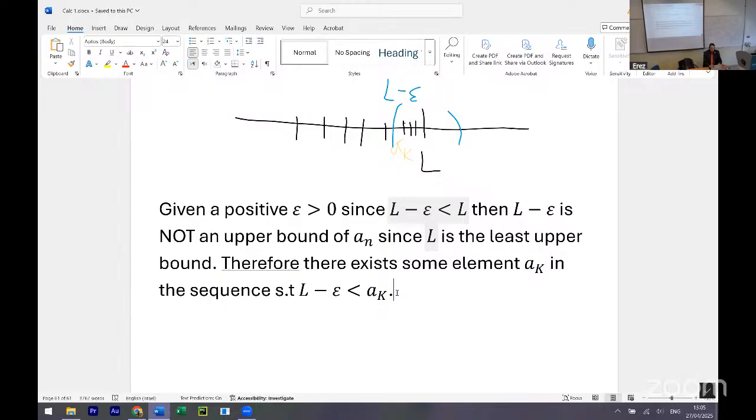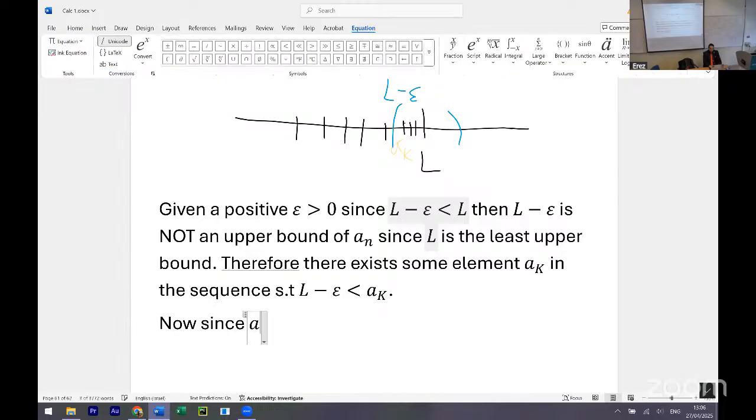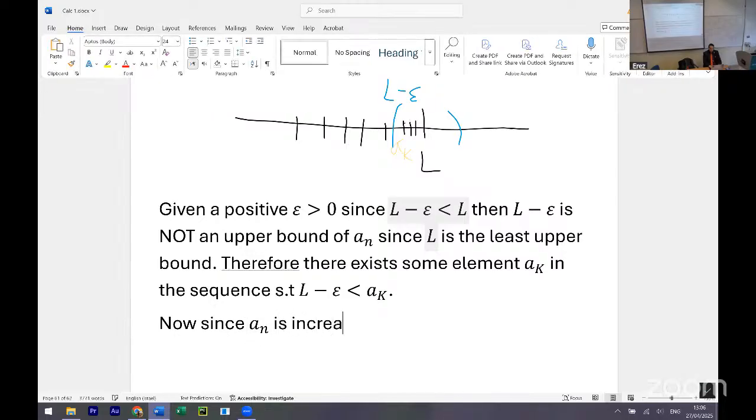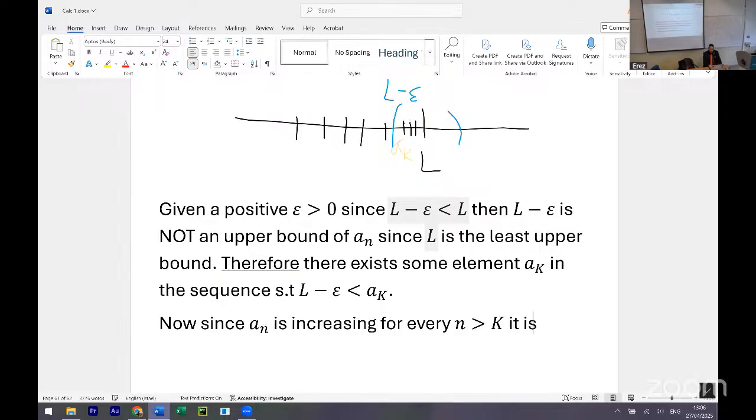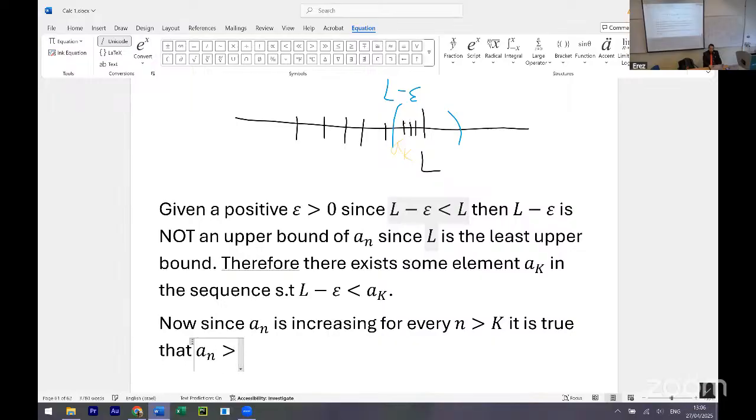Okay? And now, since A N is increasing, we use two of the pieces of data we have. First, that the sequence is bounded. Now we will use the fact that it's increasing. Since A N is increasing, for every n larger than k, it is true that A N is larger or equal to A K. Agreed?